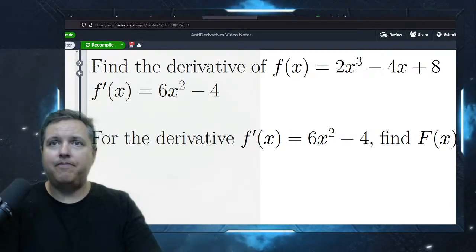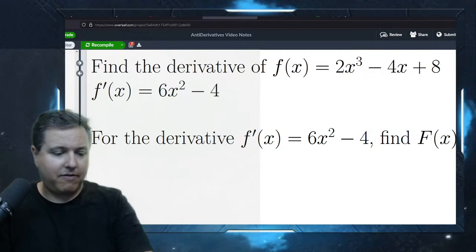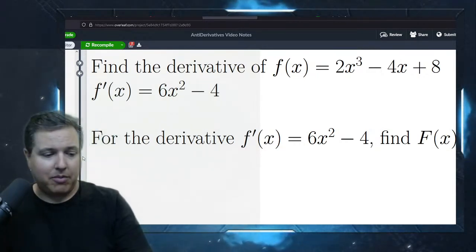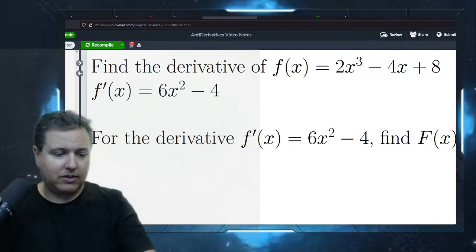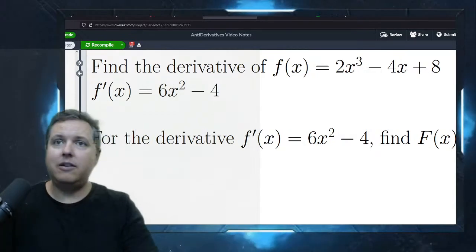For example, capital F of x could be the problem that we have at the top of the page. So 2x cubed minus 4x plus 8.